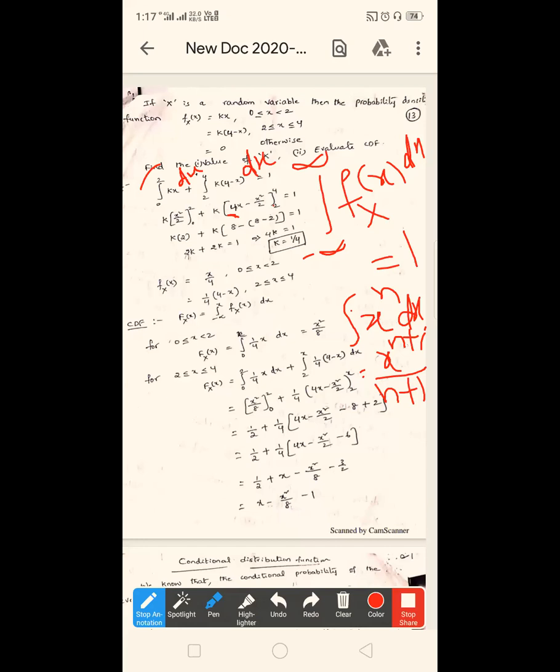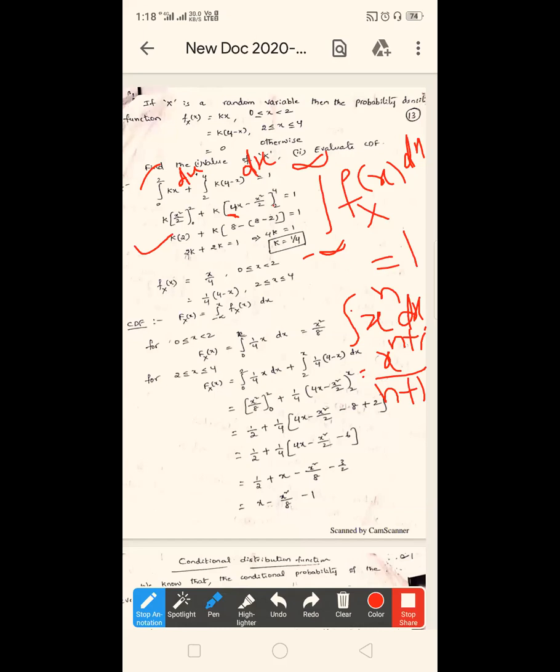So integration is performed again here. In the next step, apply the limits. First substitute the upper limit, next substitute the lower limit. So k into, within the brackets, substitute the upper limit instead of x: 2 square by 2 minus 0 square by 2. How much?